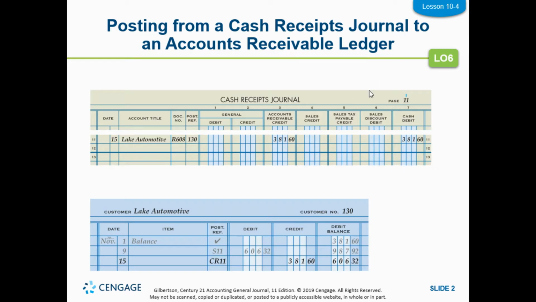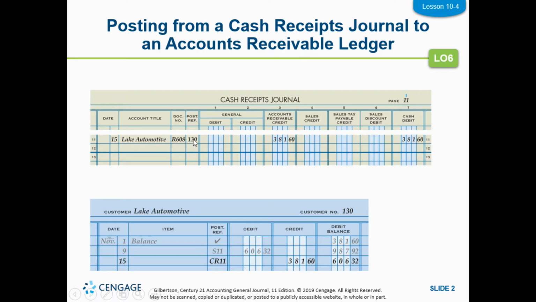And again, similar to our cash payments journal, which we did with vendors and accounts payable, remember we have transactions inside of our cash receipts journal, which will need to get posted to our accounts receivable subsidiary ledger. All right. And so here's our cash receipts journal, and we received money from Lake Automotive.